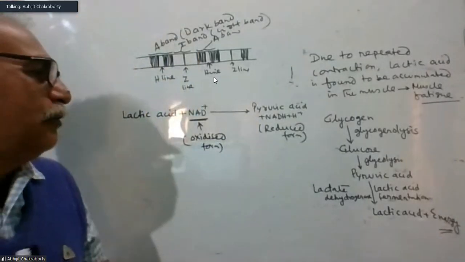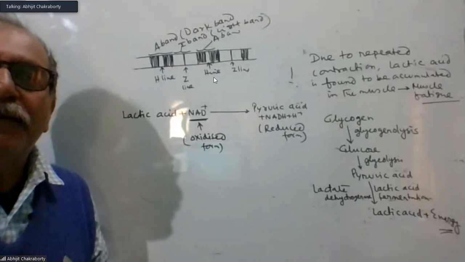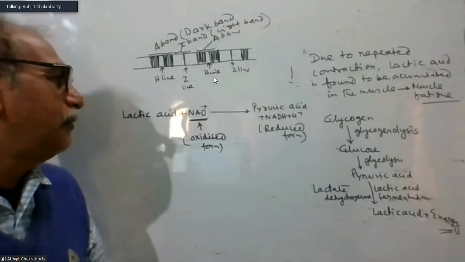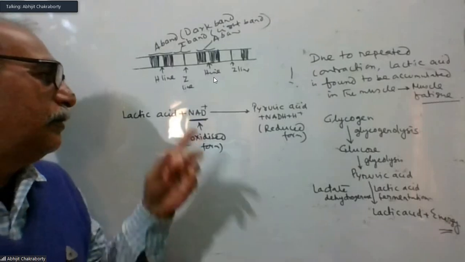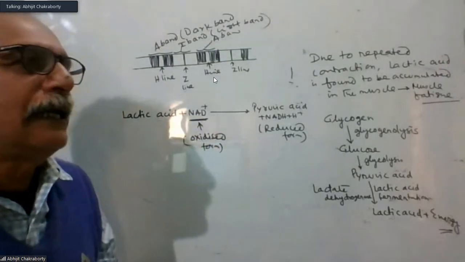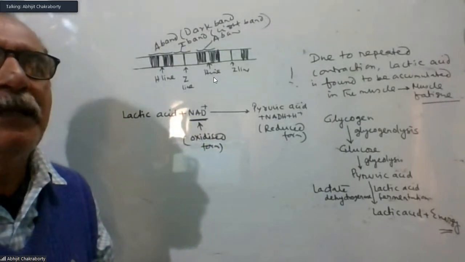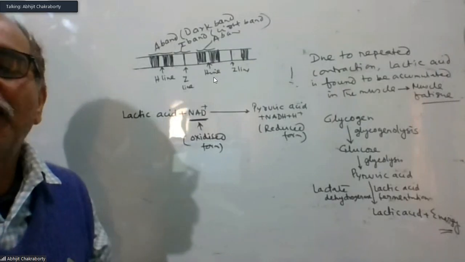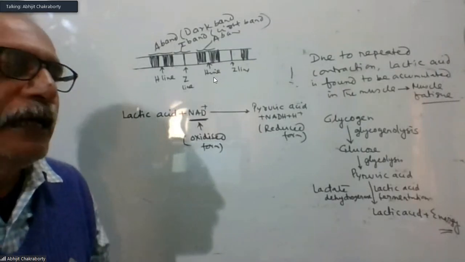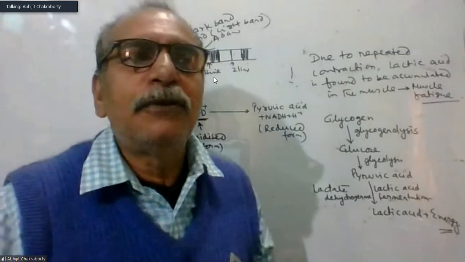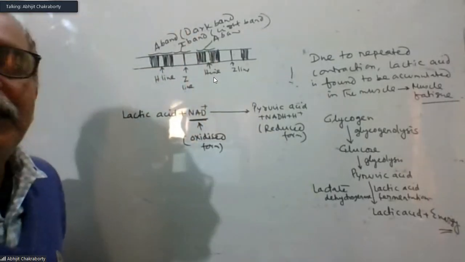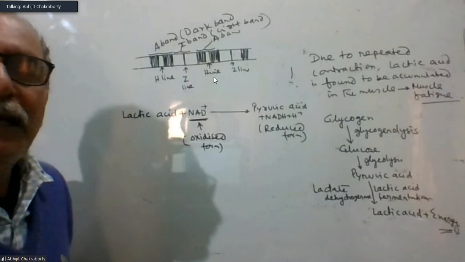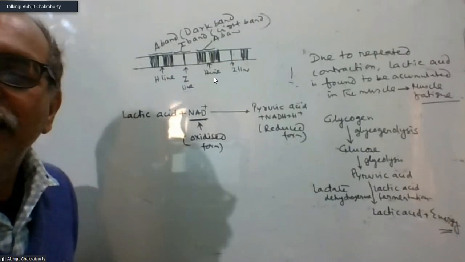So NAD should be present in oxidized form to facilitate conversion of lactic acid to pyruvic acid. So how can it be possible? Because NADH can only be converted to oxidized form in the presence of oxygen. That's why it is required to rest in a well ventilated room for facilitating conversion of lactic acid to pyruvic acid. Are you getting me?